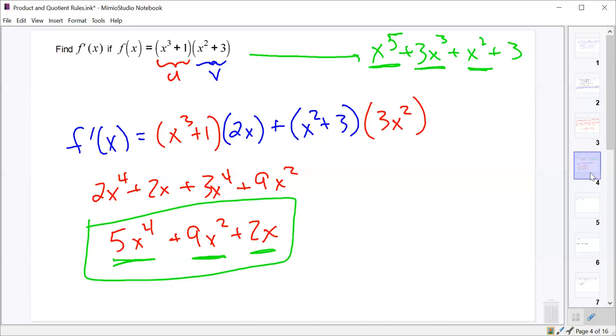Plus, when I give you something later on, like sine of x times x squared, well, there's no distributing that can be done there. You're just going to have to use the product rule. Everybody see why this is going to be helpful to us and get what we did there to get our result?